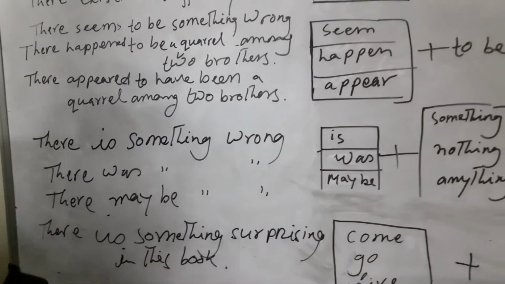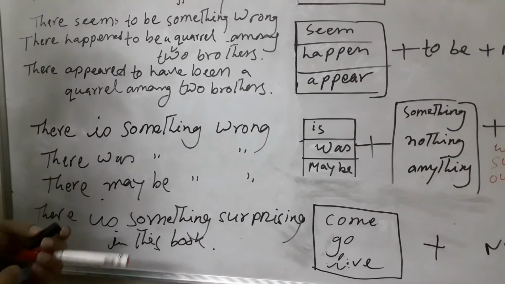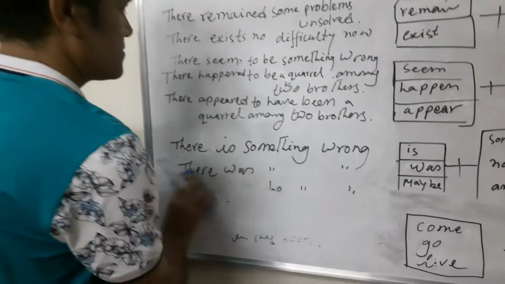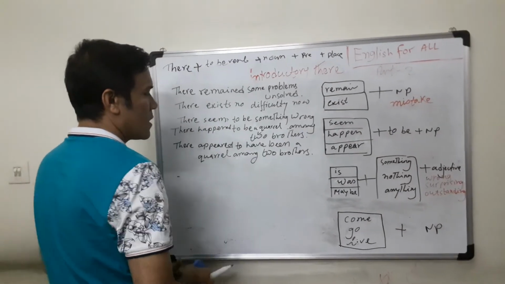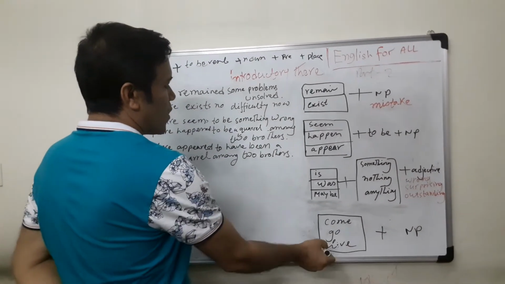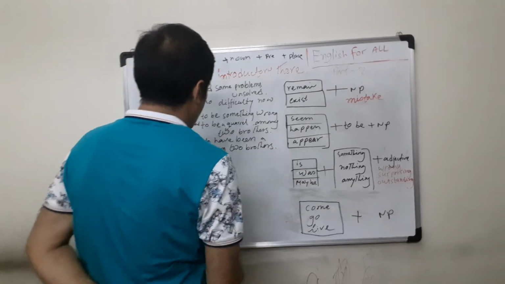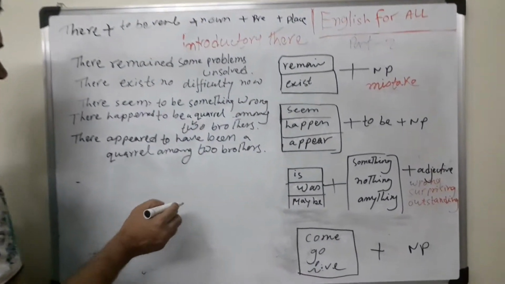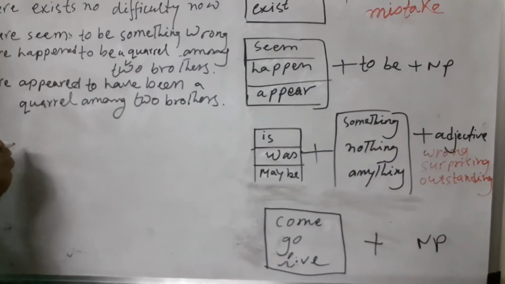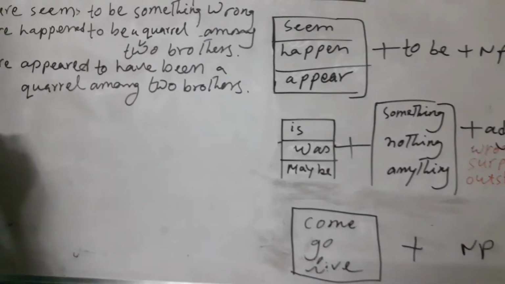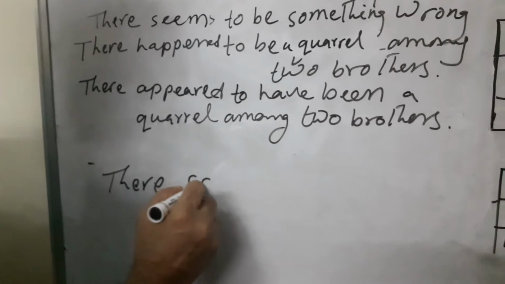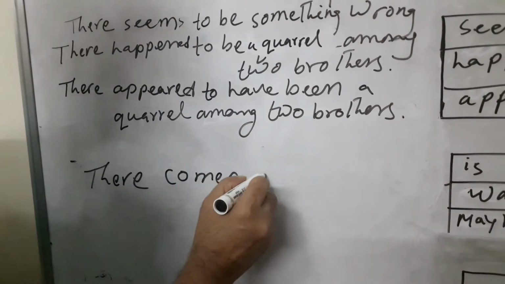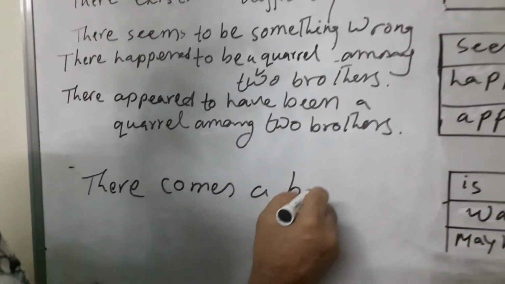Then come to the last structure. We can see come, go, leave plus NP. Let's have a look at the examples. I'm going to write. There comes a boy.